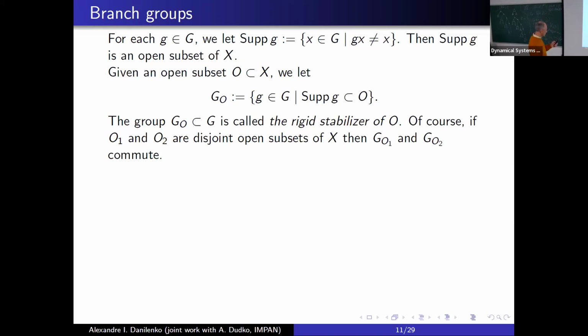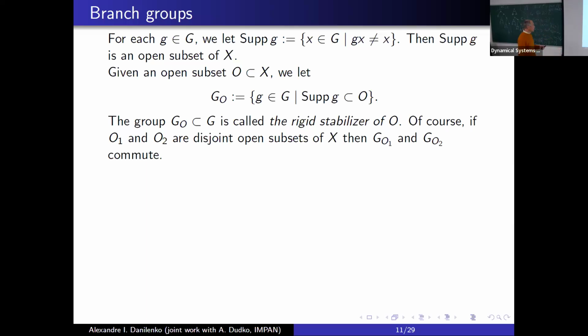O is a subset in the space X, GO is a subset in G. The group GO is called the rigid stabilizer of O.